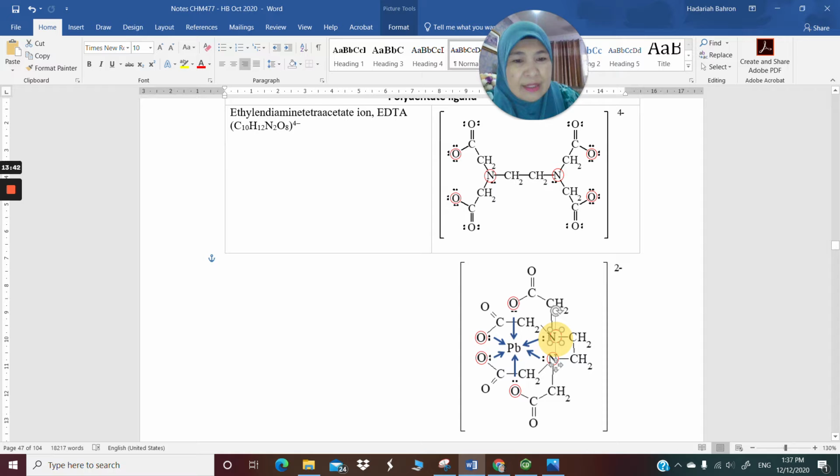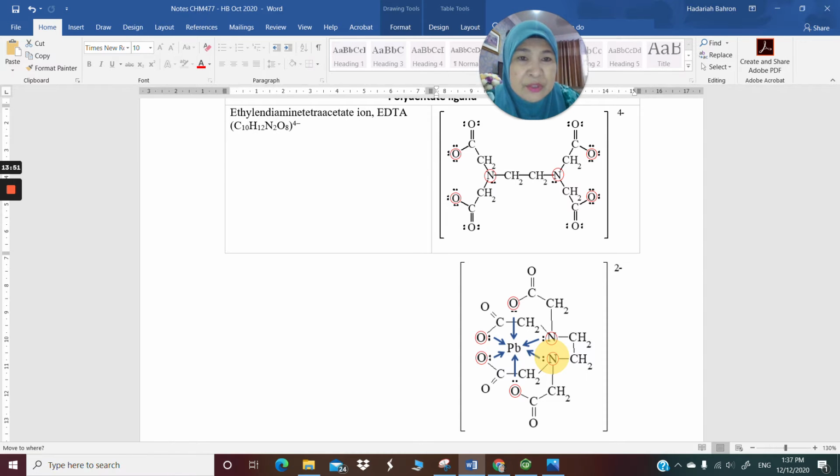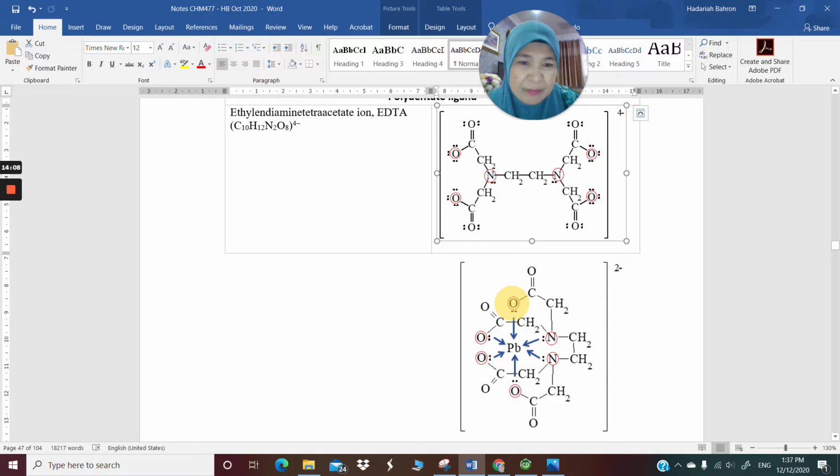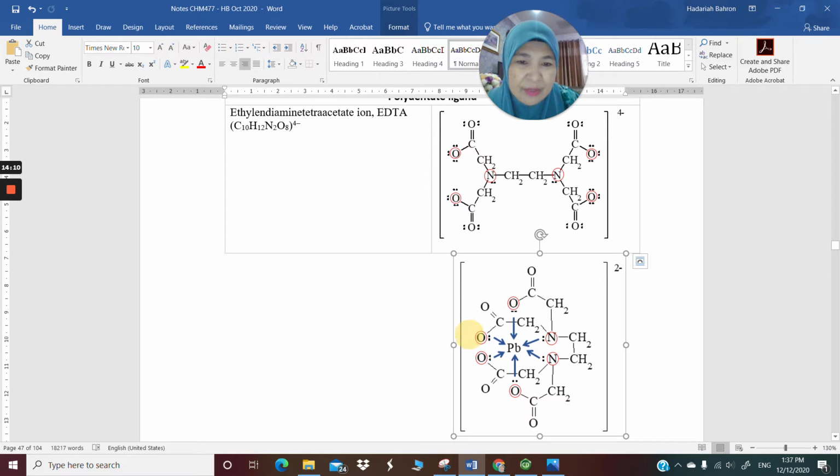This is the second donor atom, the second nitrogen, and then the third, the fourth, the fifth, and the sixth.